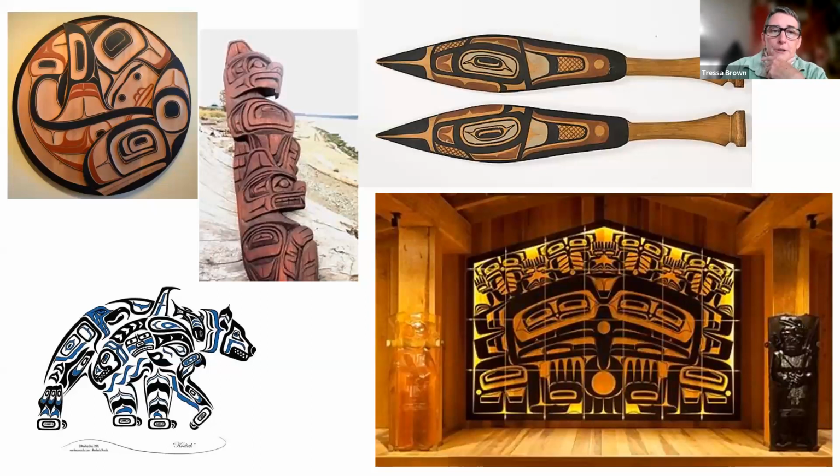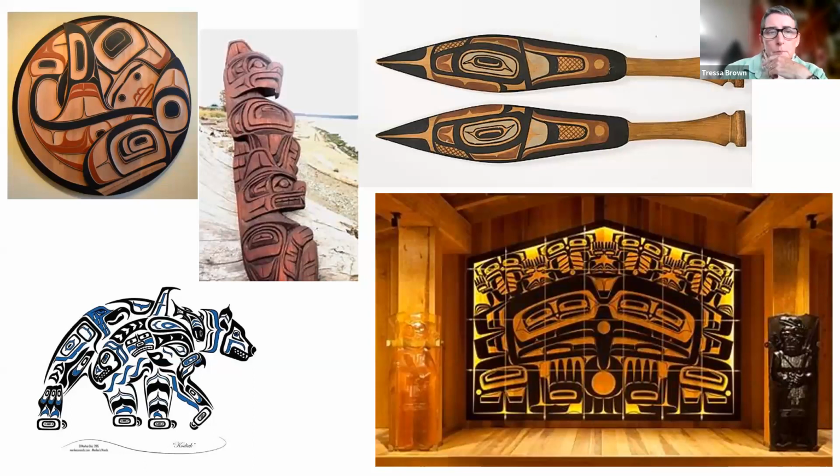Again, very utilitarian pieces. The paddles on the top. This bottom right piece is actually a panel of a house. Originally, the whole front of their houses were painted this way, with the doors kind of round or oval, and they were incorporated into the design of the painting.